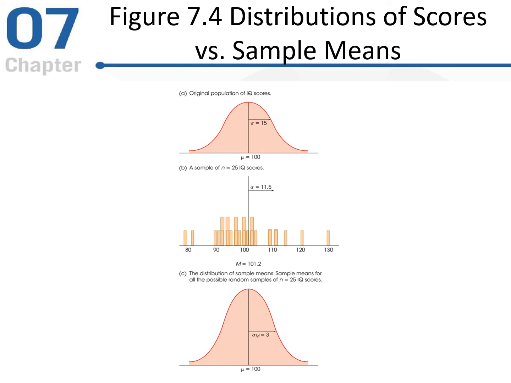So therefore, that sampling distribution of the mean is guaranteed to be normal. You see the mean of that sampling distribution is 100, and that's exactly equal to the population mean of 100. But you see the standard error is much smaller. The standard error is 3. So the standard error would be 15 divided by the square root of 25. The square root of 25 is 5. 15 divided by 5 gives you 3.